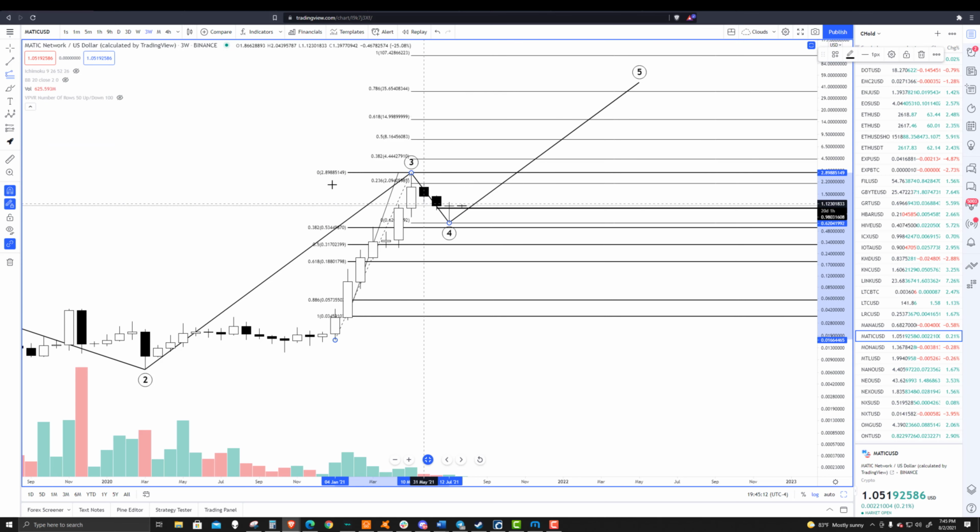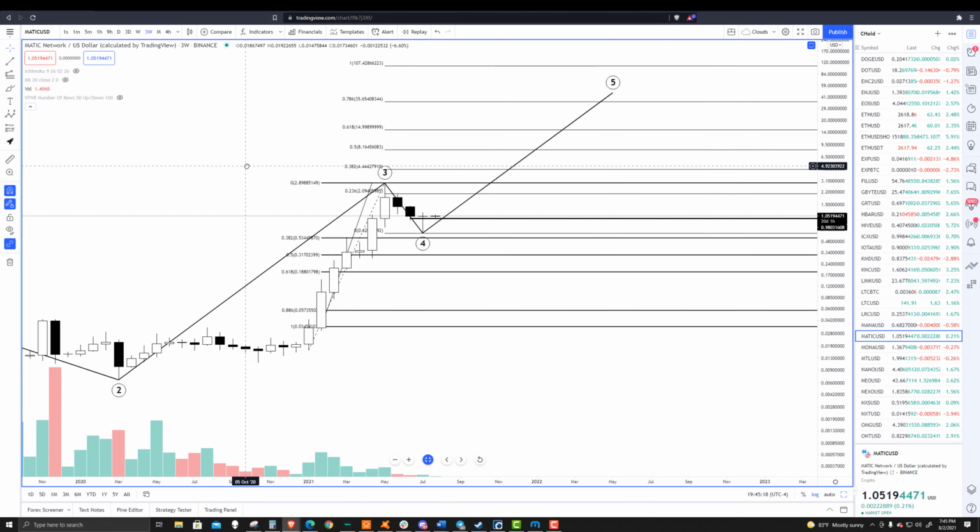Now, let's conservatively say that the fifth wave is going to end at the 50% extension or even the 618 extension. From the present value, that is not quite 8 times the present value, and not quite 15 times the present value, but it's within that realm.